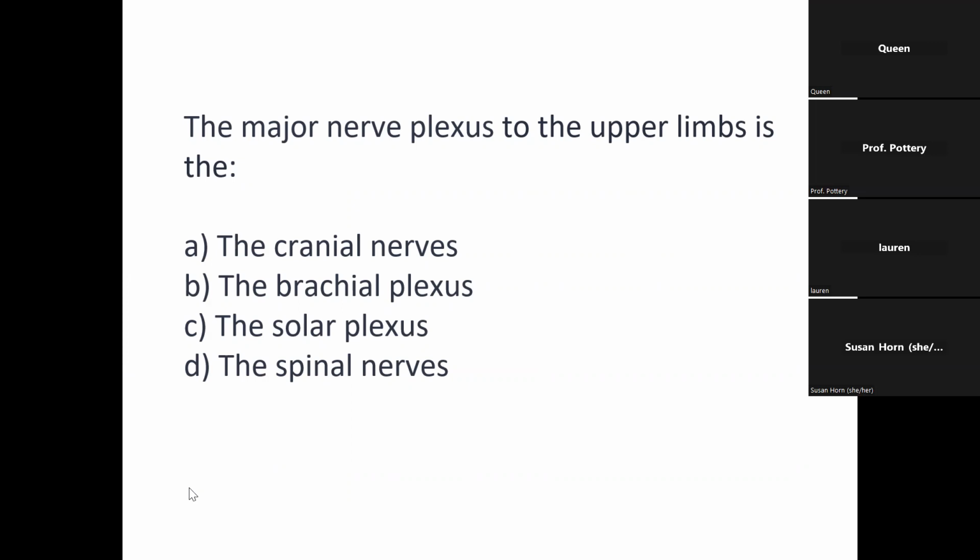Can you eliminate one wrong answer? If you were going to pick one of those that you know for sure is wrong, you can eliminate one wrong answer. Let's take a look. The spinal nerves. Spinal nerves don't really have to do with the upper limbs, per se. It's a very specific question. Yes, eliminate letter D. Good.